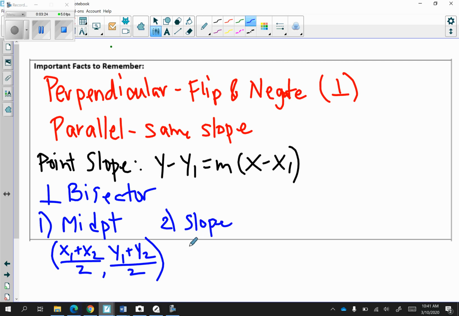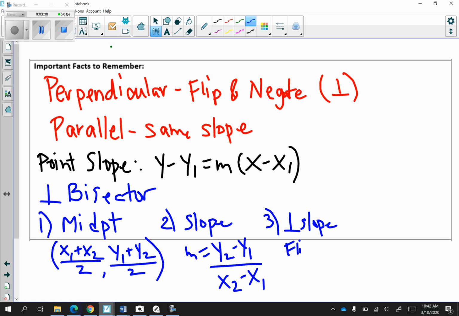You might need to use the slope formula, which is y2 minus y1 over x2 minus x1. Third, you need to find the perpendicular slope, which is flip and negate. And lastly, you need to put it in the point slope form. Y minus y1 is equal to m times x minus x1.